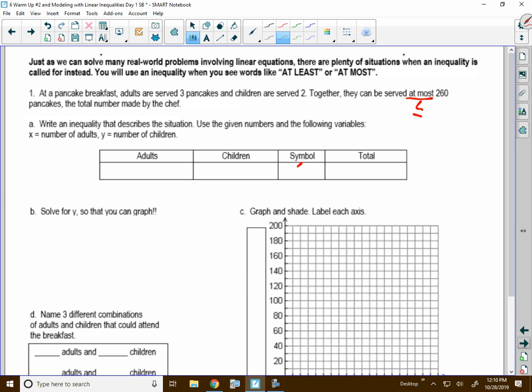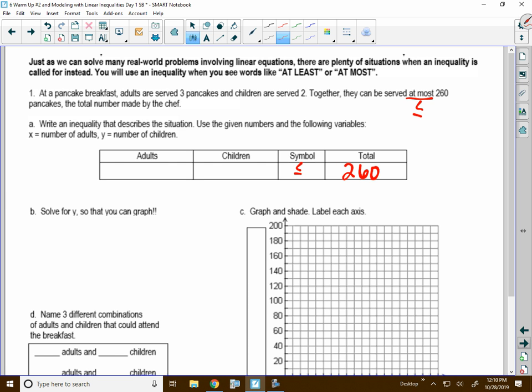So we're going to go ahead and put less than or equal to in for our symbol. Okay, and what's our total amount here? 260. Okay, so we're saying whatever pancakes are consumed here, or purchased, or whatever you want to say, by the adults and kids, that total needs to be less than or equal to 260 pancakes.